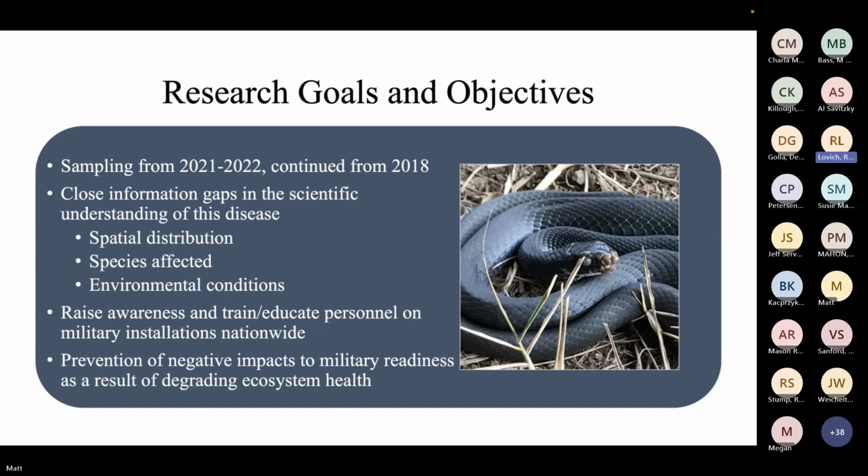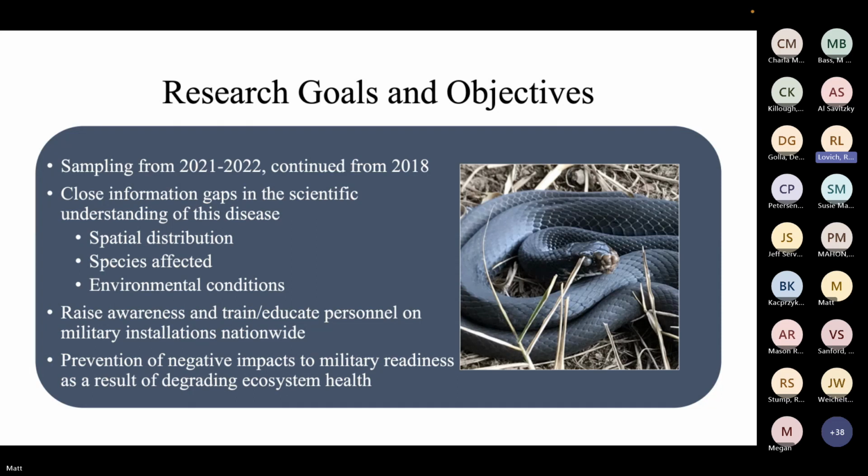So again, understanding the spatial distribution: what species are affected, do we have a lot of them, are they protected or not, or none at all? And the environmental conditions under which we're seeing snake fungal disease or not. And then also, it's really important to get folks out there to learn more about snakes on their base.